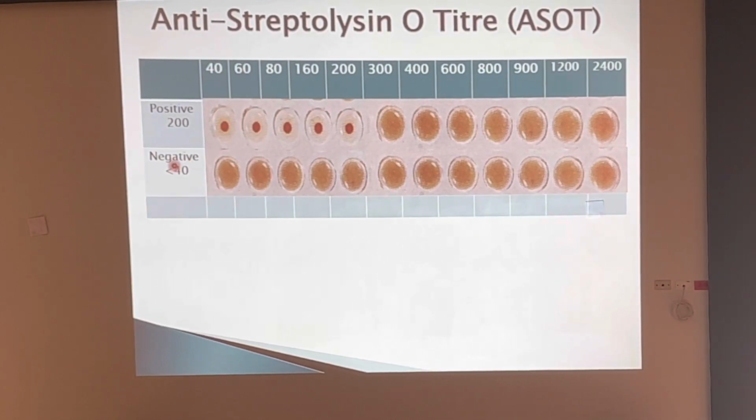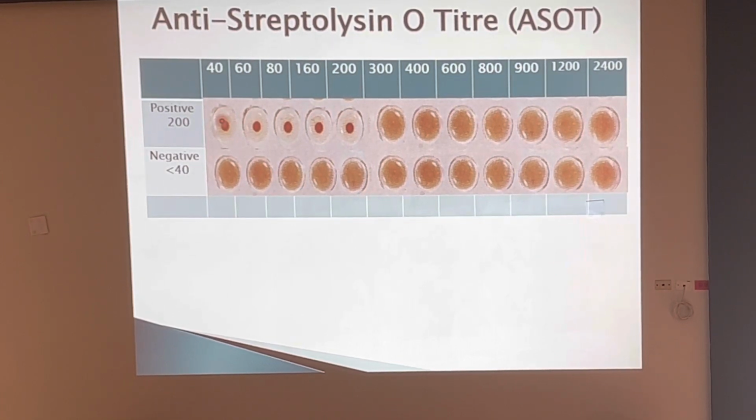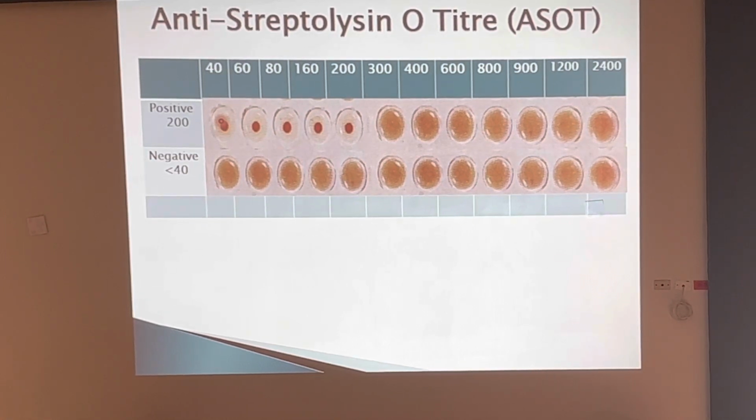This here is your negative control right across here. Dilutions of the control. So your positive control is going to be a sample that contains antibodies to streptolysin O. That's your positive control. Your negative control is going to be a sample that does not contain any antibodies to streptolysin O.